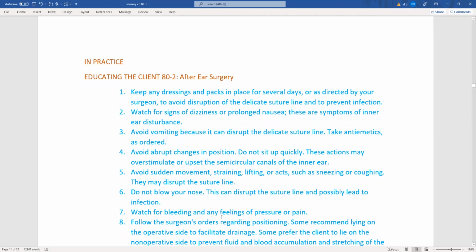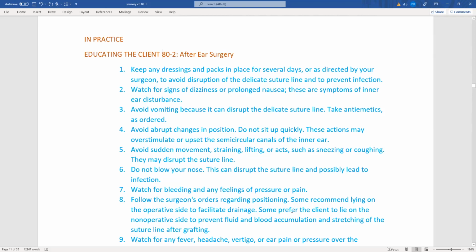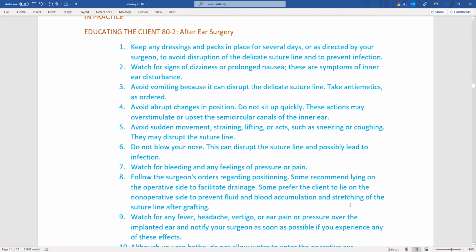Watch for bleeding and any feelings of pressure or pain, okay? Follow the surgeon's orders regarding positioning. Some recommend lying on the operative side to facilitate drainage. Some prefer the client to lie on the non-operative side to prevent fluid and blood accumulation and stretching of the suture line after grafting.